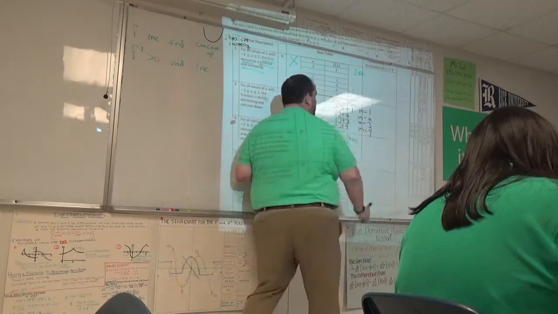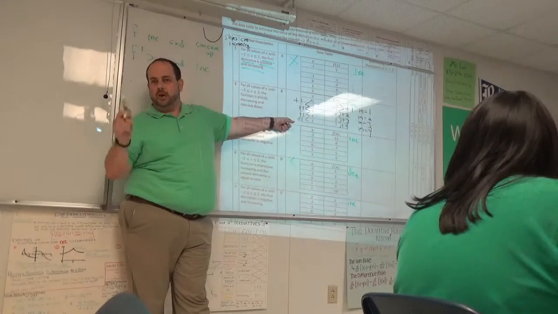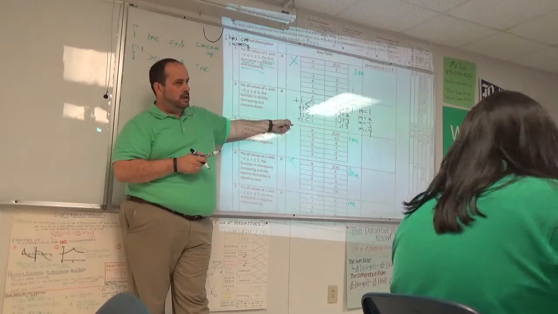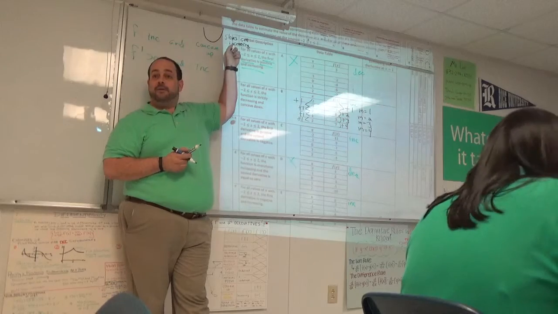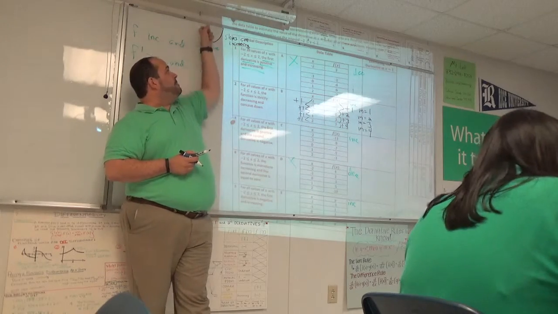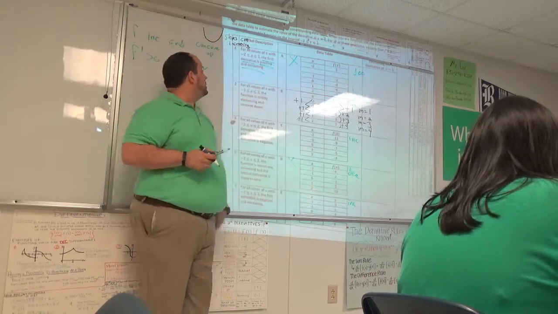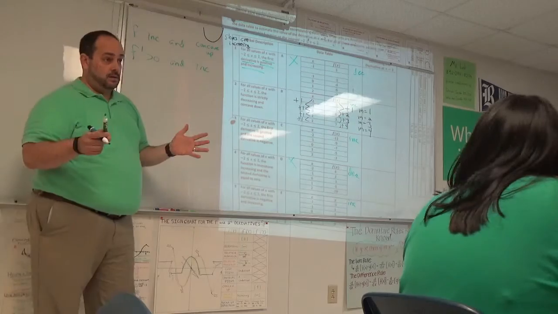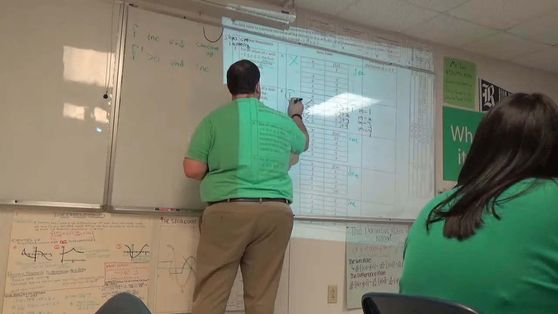Slope's going to be 4. In this data table, my slopes are increasing, which is what I would expect to see with concave up. Concave up means I am bending in such a way that my slopes are increasing. So the right answer choice? B. This one goes with statement number 1.